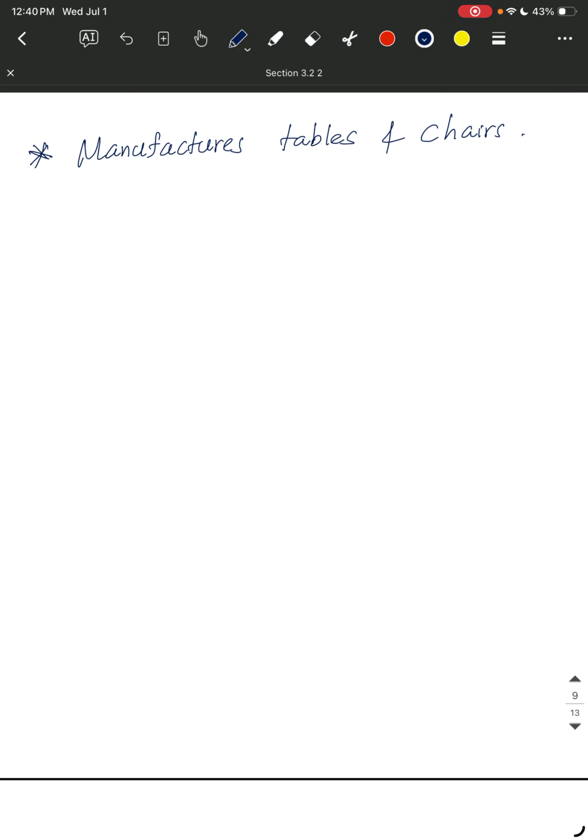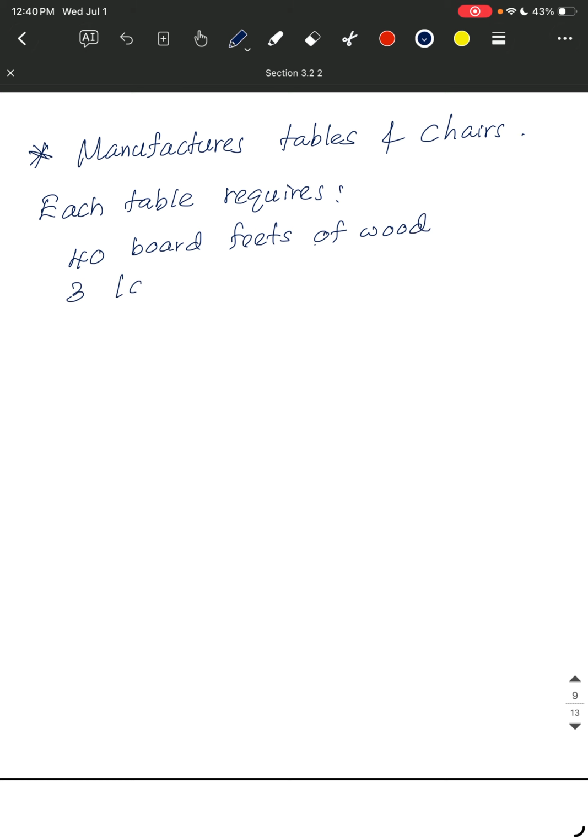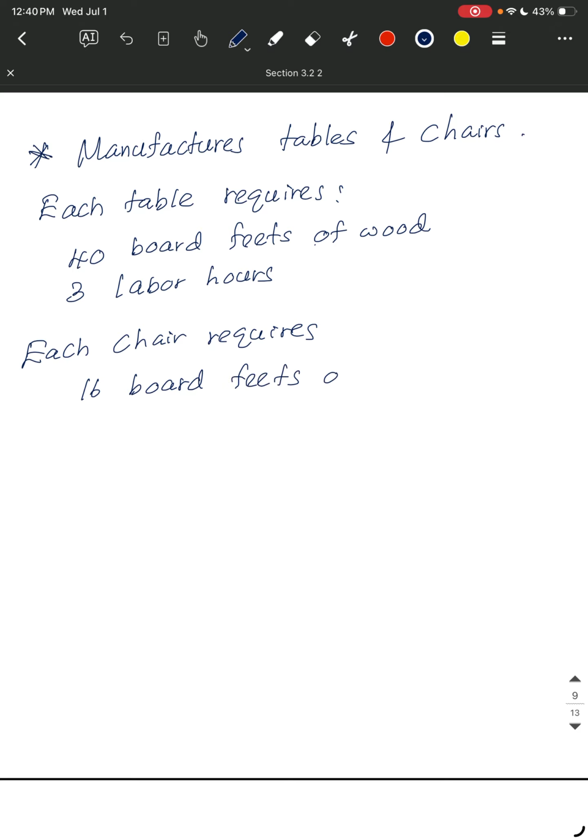Each table requires 40 board feet of wood, also 3 labor hours, and each chair requires 16 board feet of wood, also 4 labor hours.